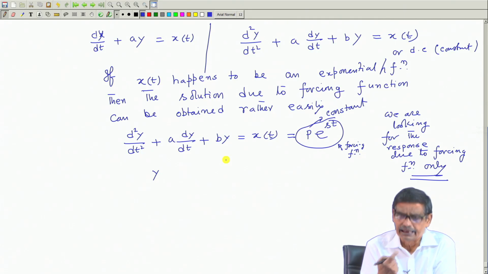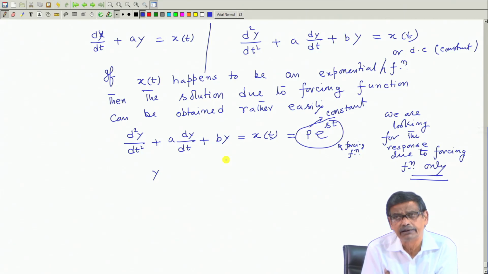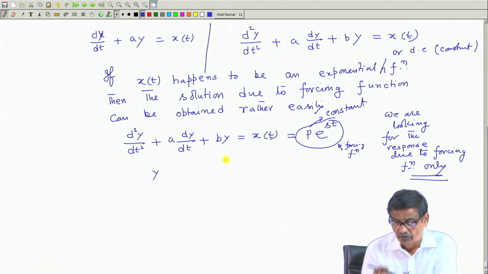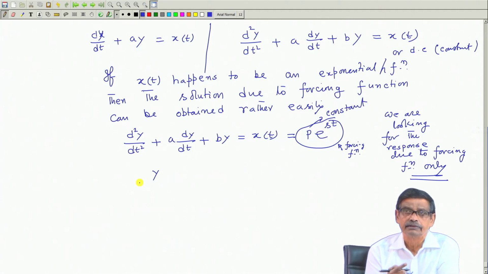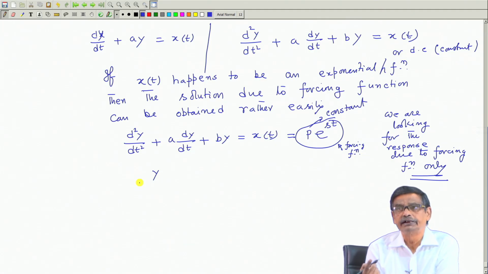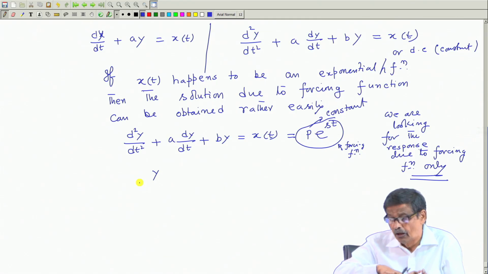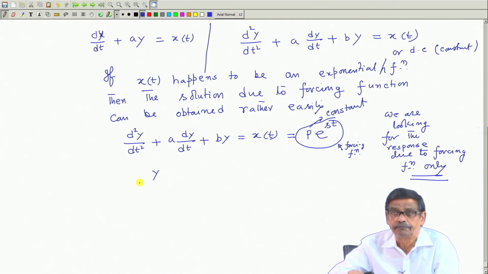Therefore, can I guess what should be the nature of y(t)? The answer is yes, you have to look for such a function y whose form does not change when you differentiate it. Then only these three terms will conspire and will always give you this term.